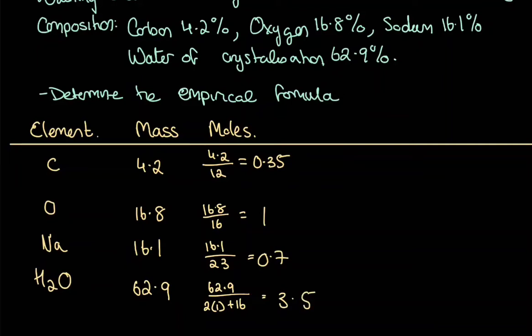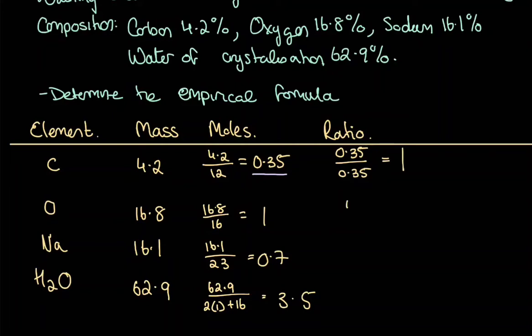Okay, so then we know we have to do the ratio. We want to find the ratio for the empirical formula. The moles are giving a ratio already, it's just not in its simplest format. So to get the simplest format, you divide all of these numbers by the smallest one, which is 0.35. Hopefully that will get us closer.